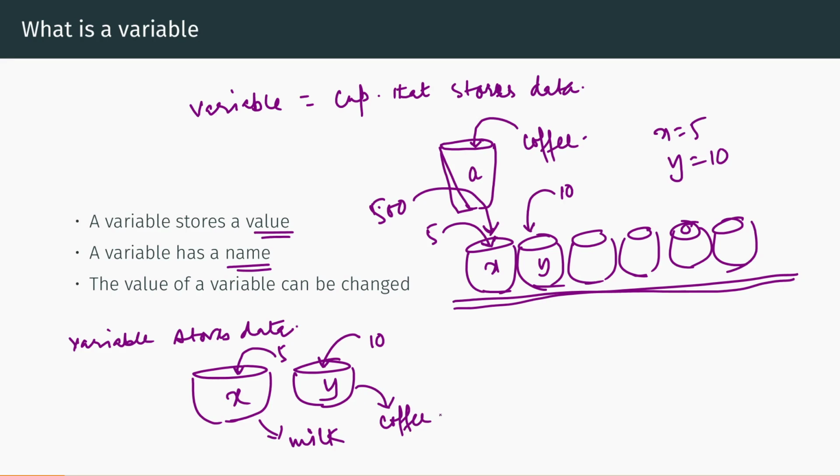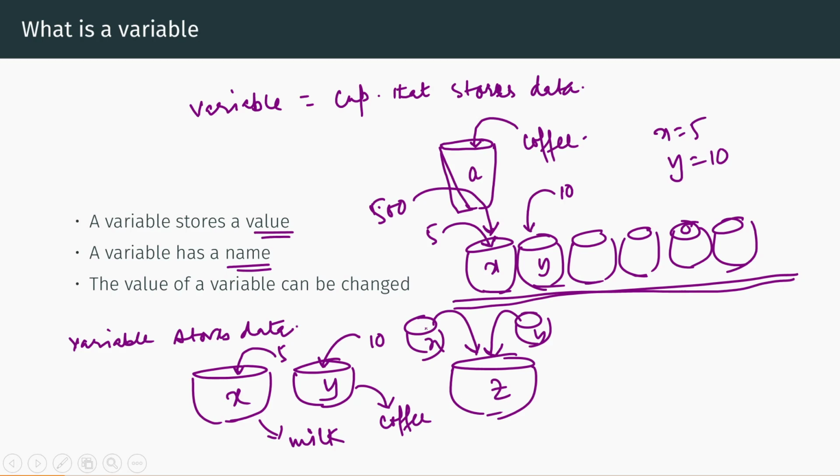You don't need to know what X has and what Y has. All you need to do is pour X and Y into another cup Z. You don't need to know what's inside the individual cups X and Y.